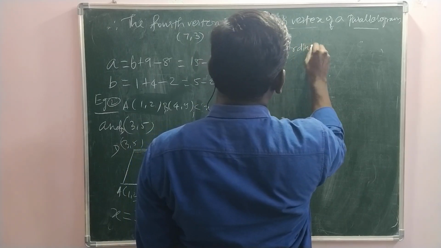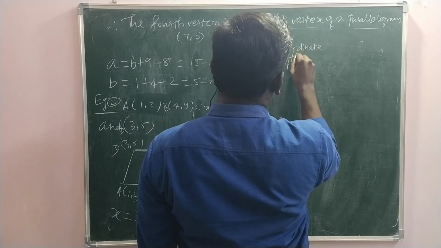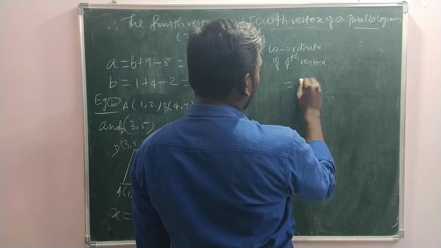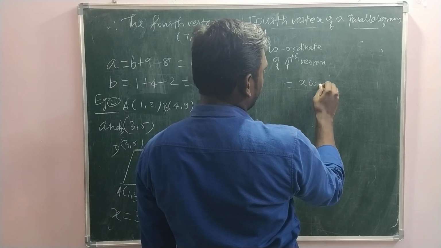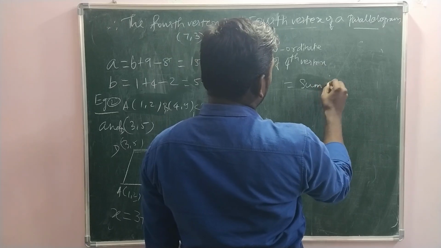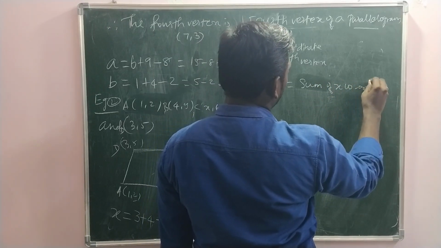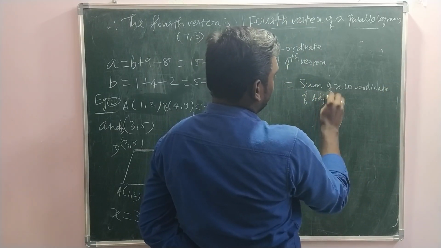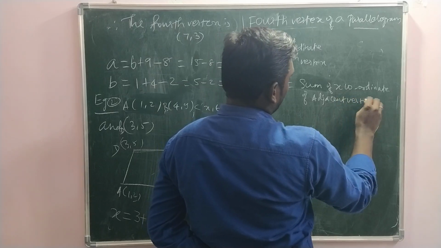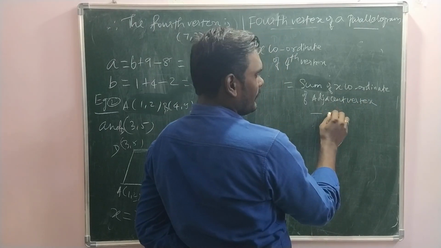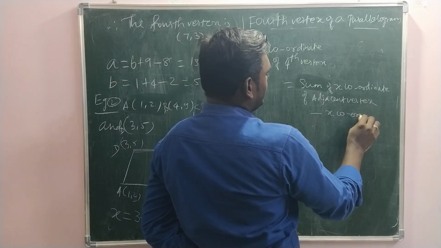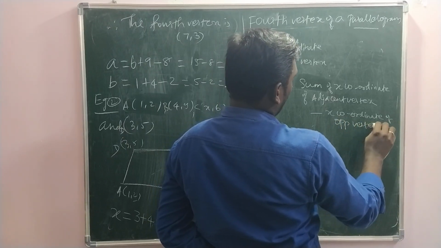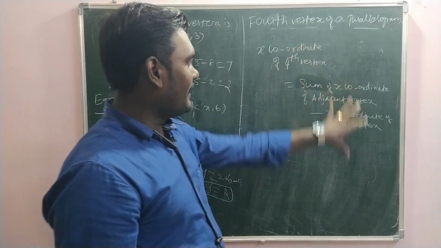X coordinate of the 4th vertex equals the sum of x coordinates, we call them abscissa, of the adjacent vertices minus the x coordinate of the opposite vertex. Okay, that is it. Just mark this like a simple formula.